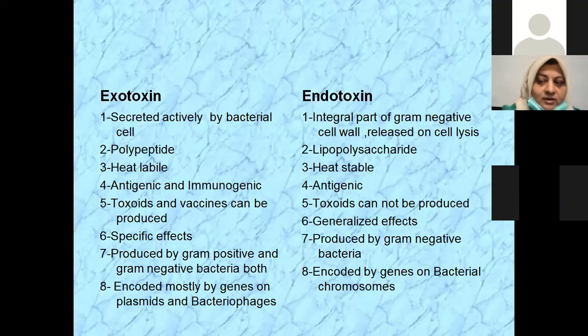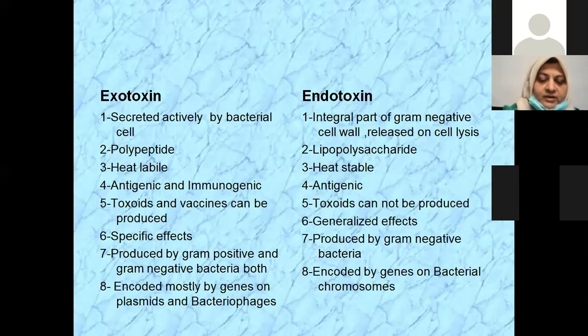And toxins are very strong virulence factors that we will see how these toxins act on various tissues, cells and organs and produce disease. There are mainly two types of toxins, exotoxin and endotoxin. Exotoxins are secreted actively by the bacterial cell.